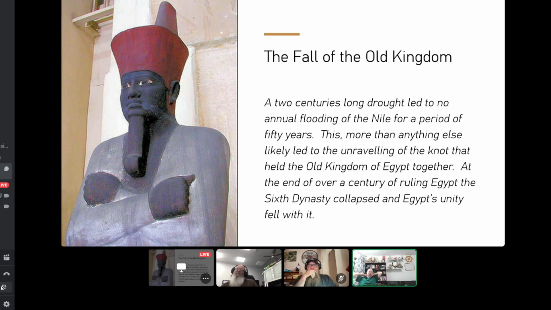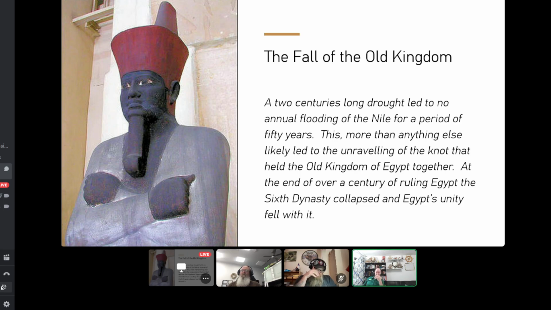The people known as the nomarchs, the governors over the nomes, the regions, the provinces, if you will, of Egypt were known as nomes, and the rulers over the nomes are called nomarchs. The nomarchs began to become more and more powerful and more affluent the older that Pepi II got.